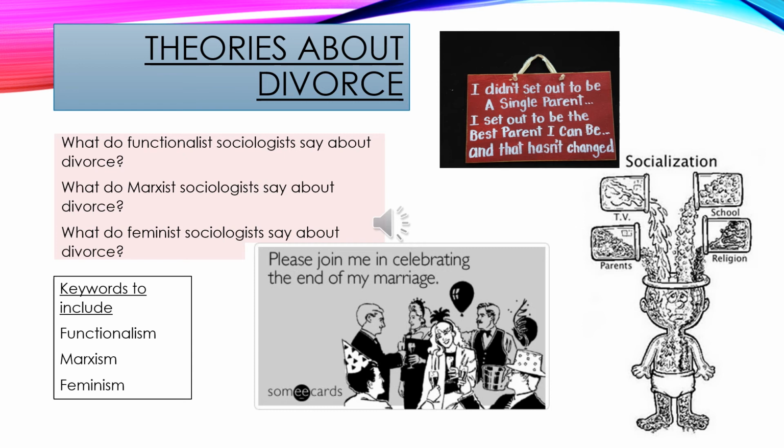So functionalists, Marxists and feminists would all view divorce from wildly different angles and with wildly different conclusions. Therefore, you can make comparisons and you can look at divorce as something fairly neutral, and then from that explore what functionalists, feminists, Marxists believe.